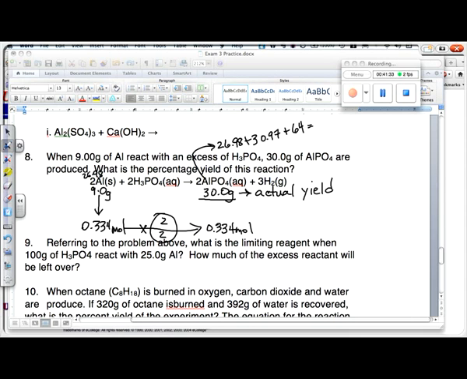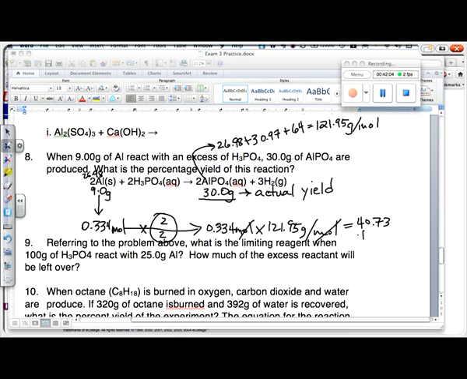And I get 121.95 as the molar mass, grams per mole, times 121.95 grams per mole. Moles cancel. And I end up with 40.73 as my theoretical yield.